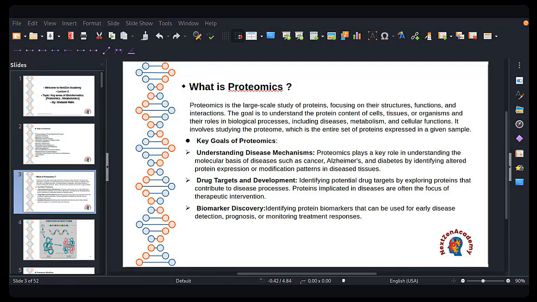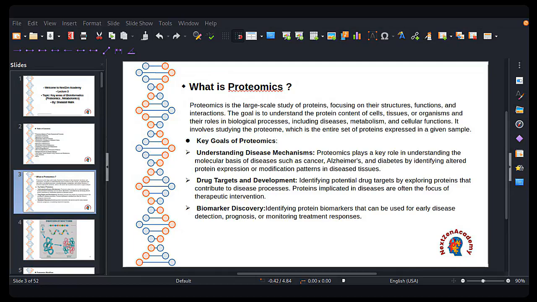Have you guys heard about insulin, glucagon? These are hormones. So proteins act as hormones as well, right? Then it controls the blood sugar level.